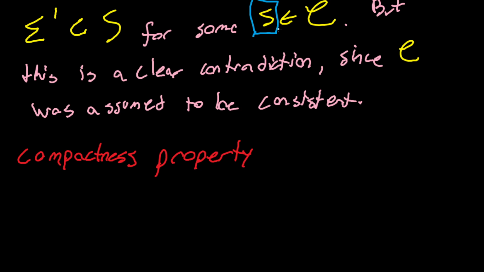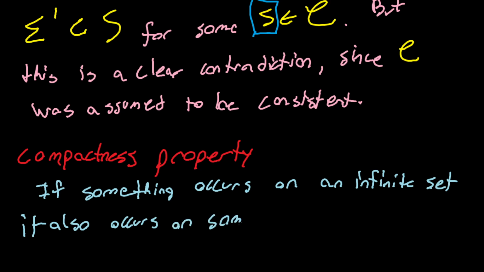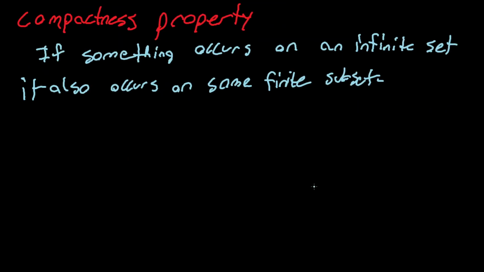What that basically means, and this is all very vague, so bear with me, is that if something occurs on an infinite set, it also occurs on some finite subset.